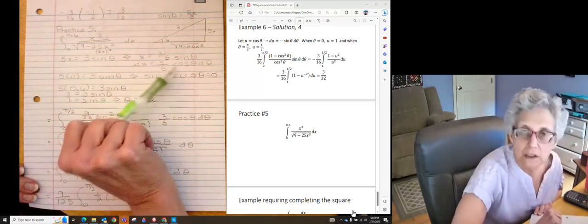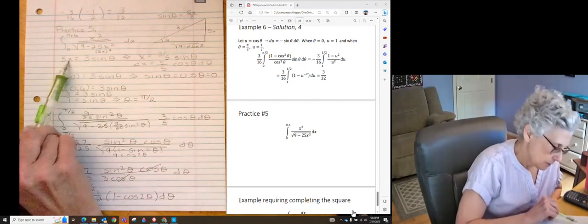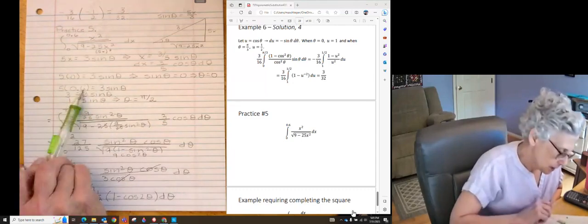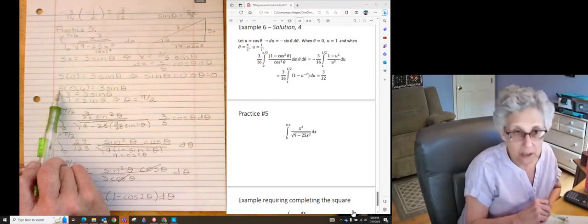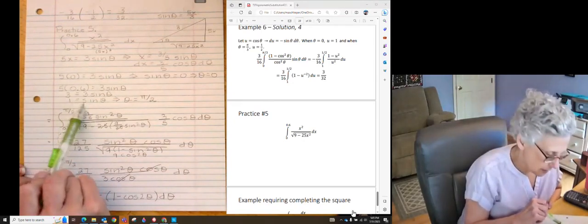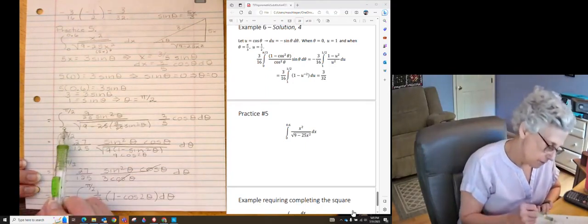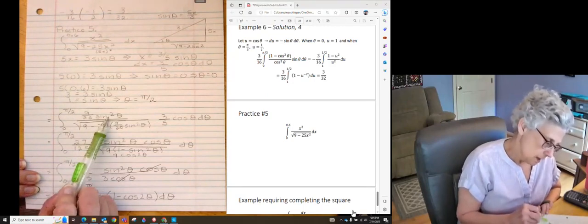So dx is 3/5 cosine theta. I plugged in 0 to the x and figured out that theta is 0. I plugged in 0.6, and since conveniently 0.6 times 5 is 3, that means that sine is equal to 1, and that's at pi halves, so we're going from 0 to pi halves.